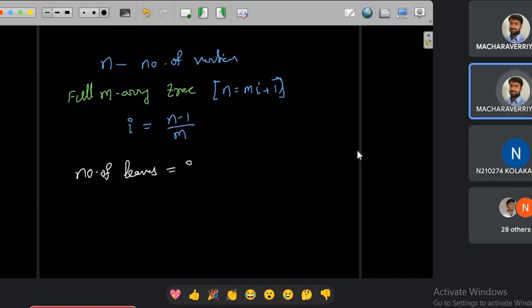So the number of leaves, how many are there? That is the question. Let me represent the number of leaves with the letter L. Okay, so what is your answer? So we can easily see that the total number of vertices will be equal to the number of leaves plus internal vertices. But I hope we need to include one more thing, no?